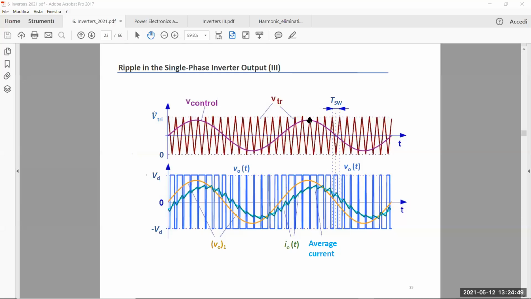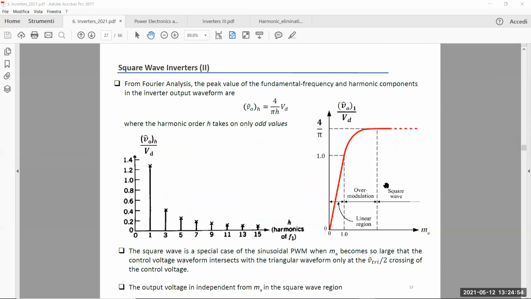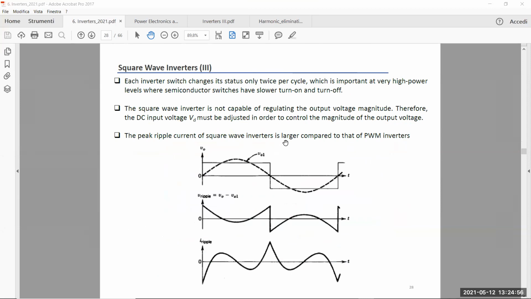Let me share the slide in order to discuss this topic. So we have this overmodulation, square wave, etc. Here you can see the standard steps that we have to perform in order to get the ripple. Remember, we have to compute the voltage ripple, which is the difference between the instantaneous overall output voltage minus the fundamental frequency component, V01.